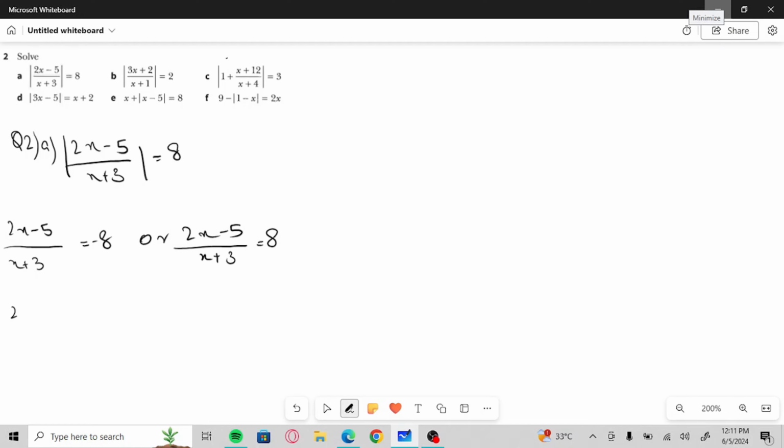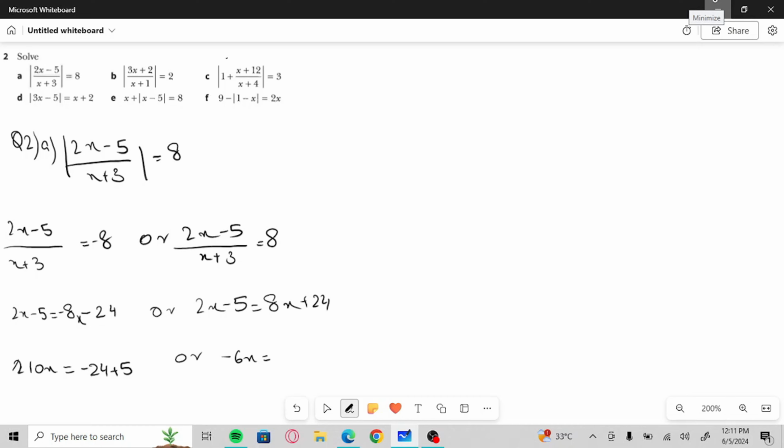You can multiply these, simplify it. 2x minus 5 is equal to negative 8 times 3, which is negative 24, or 2x minus 5 is equal to 8x plus 24. Sorry, I did not apply the x in. So 2x plus 8x is equal to 10x is equal to minus 24 plus 5, or 2x minus 8x is equal to minus 6x is equal to 24 plus 5 is 29.